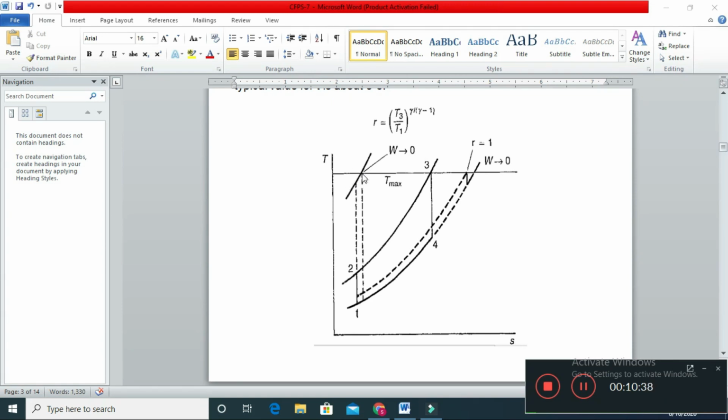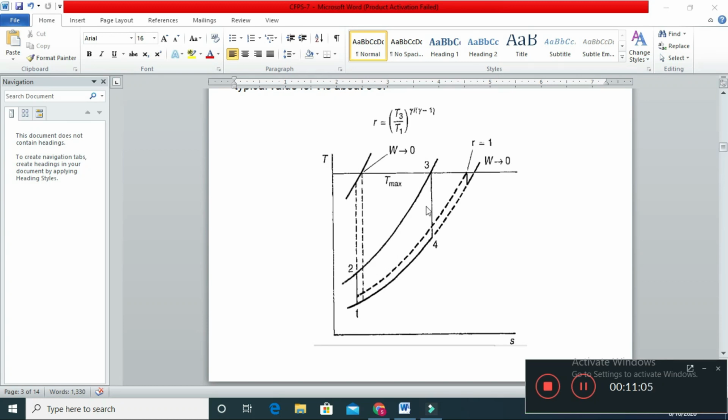So the numerator as well as the denominator both have small magnitude, so the efficiency can be higher, but the net work will be close to 0. So this is also an undesirable combination of processes for the cycle.